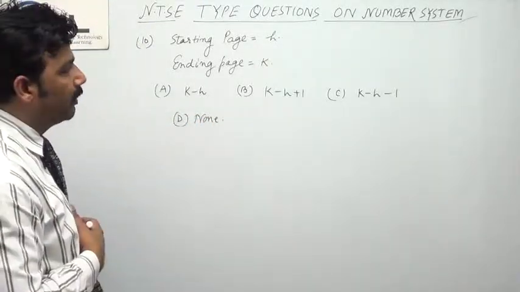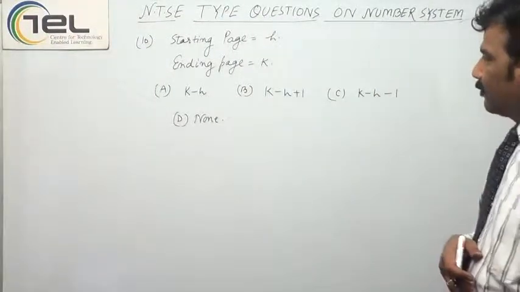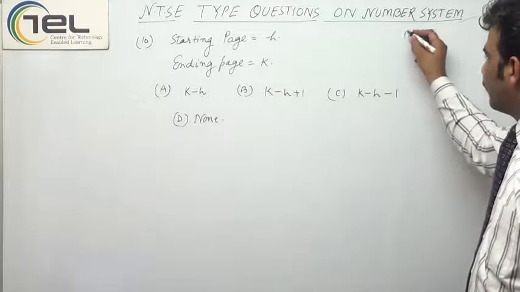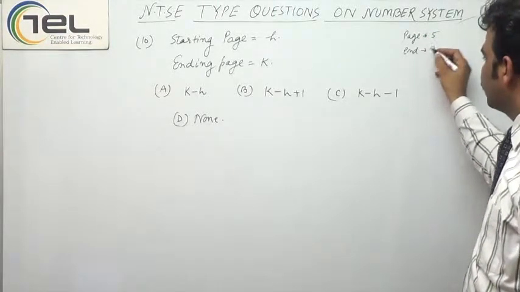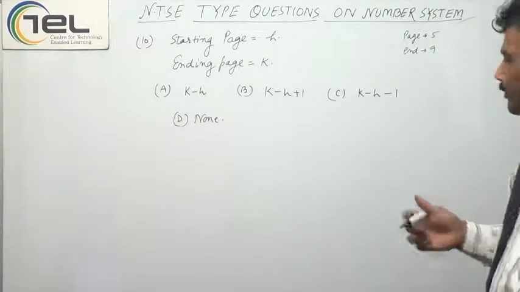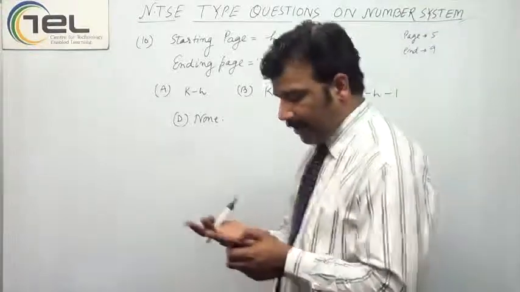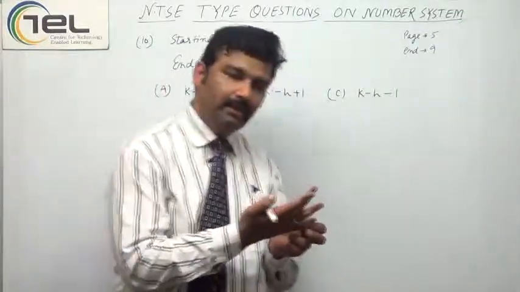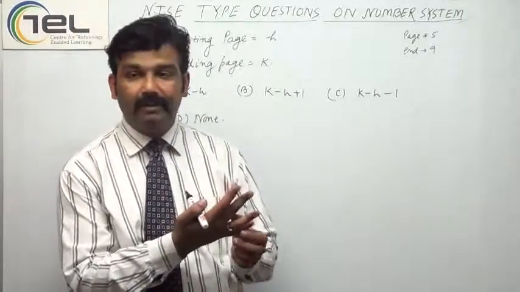Very easy. Let's say to solve this type of question, I started from page 5 and ended at page 9. How many pages have I read? I read 5, 6, 7, 8, 9. So in total 5 pages I have read.